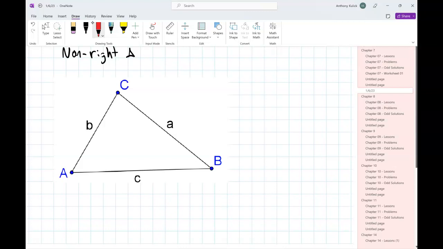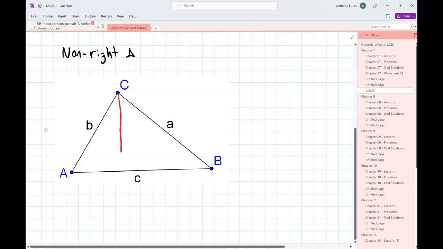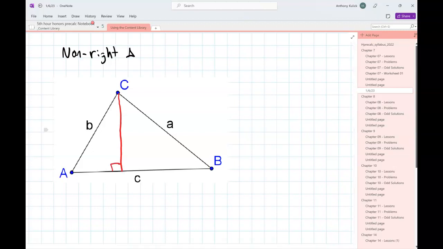What can we do? Well, the answer is we kind of cheat, right? So what I would do is start by drawing in an altitude. It doesn't really matter which place I draw this altitude from. I'm going to draw my altitude from vertex C. So I'm just going to draw in a line that intersects vertex C and is perpendicular to the side opposite.